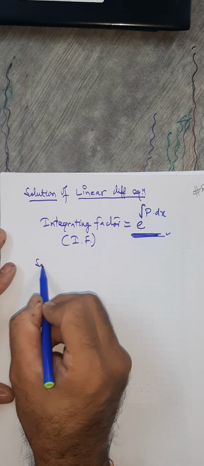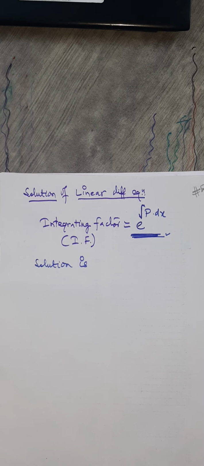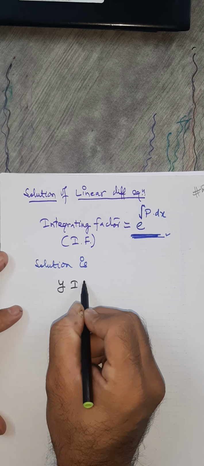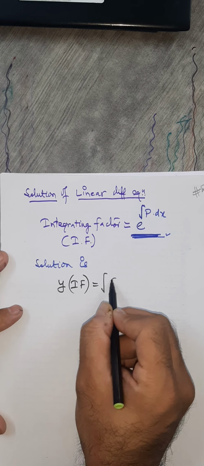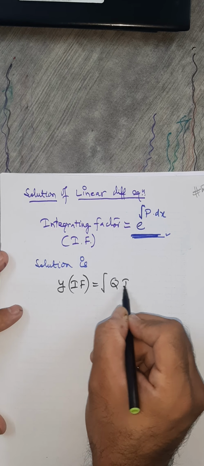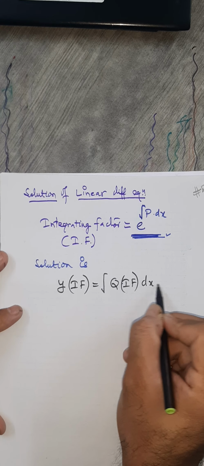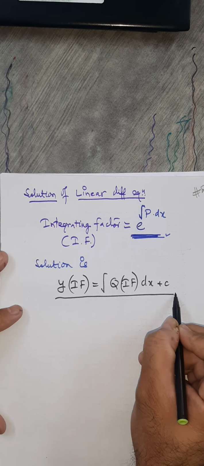And now the solution is given by this formula. You just need to remember this formula. The solution is given by y into integrating factor equals to the integral of q into integrating factor, the whole integral, plus the constant of integration. This is the solution, a ready formula for you.